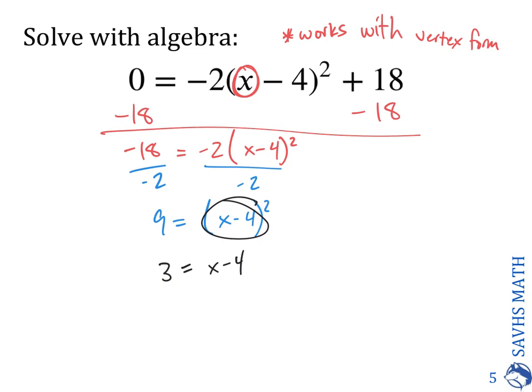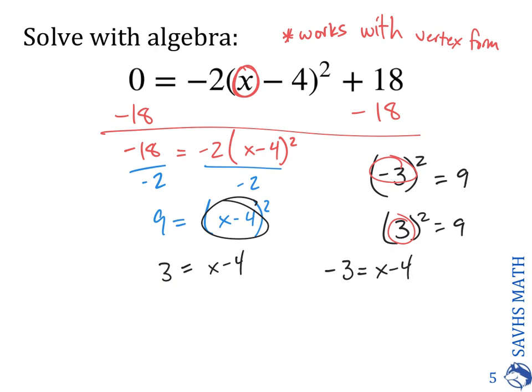Remember from a long time ago that when you take a negative number and you square it, you still get a positive number. And when you get a positive number squared, you still get a positive number. So the two answers that I could get from this equation are either negative 3 or positive 3. So I could say x minus 4 is equal to positive 3, or I could say x minus 4 is equal to negative 3.